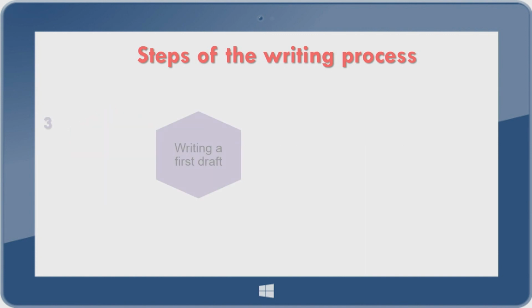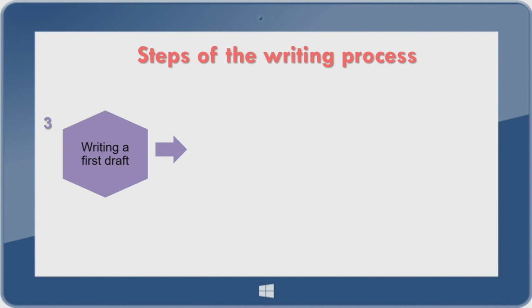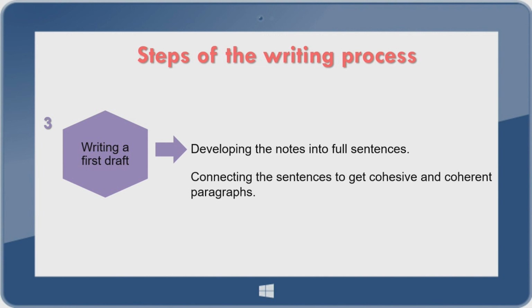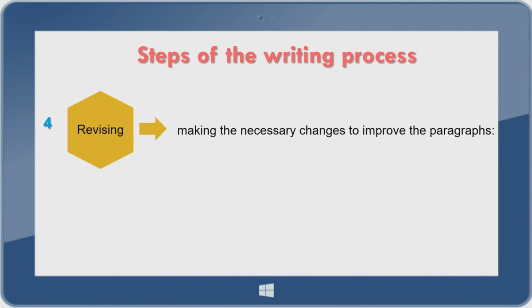Step 3 now, writing a first draft. We mean by that, developing the notes into full sentences and connecting the sentences to get cohesive and coherent paragraphs. Step 4 is revising. That is making the necessary changes to improve the paragraphs.